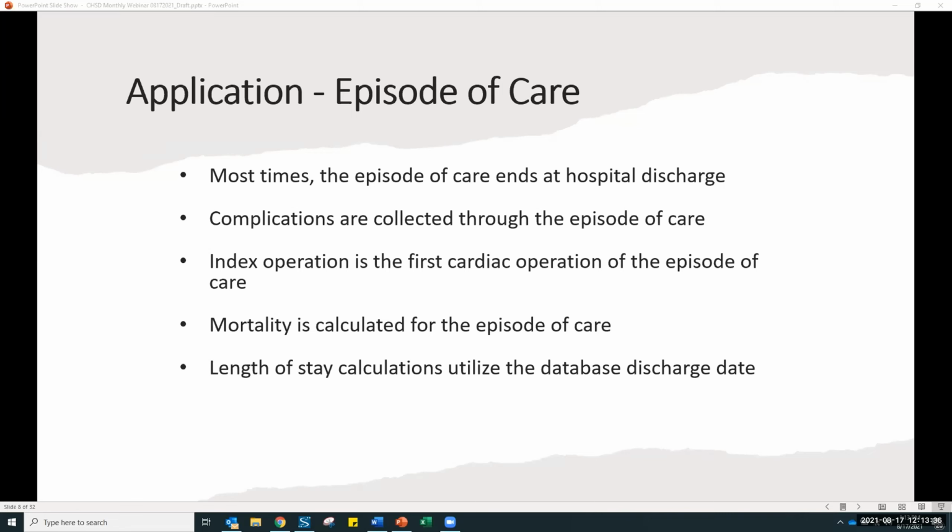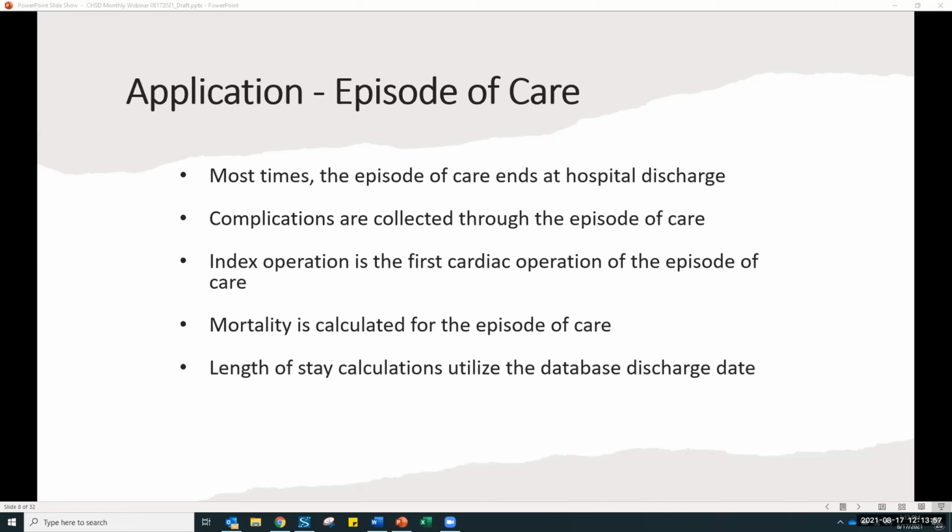So in the event a patient were to come back to the surgical center and undergo another operation, the index operation remains that initial operation during the initial hospitalization. Mortality is now calculated for the episode of care. So it's not an admission-based mortality calculation any longer, but it is for an episode of care.